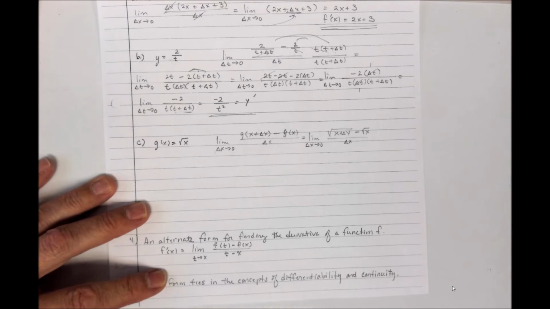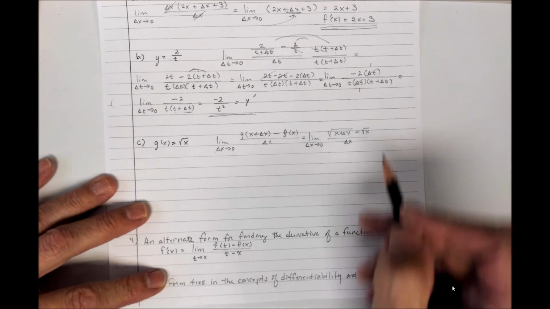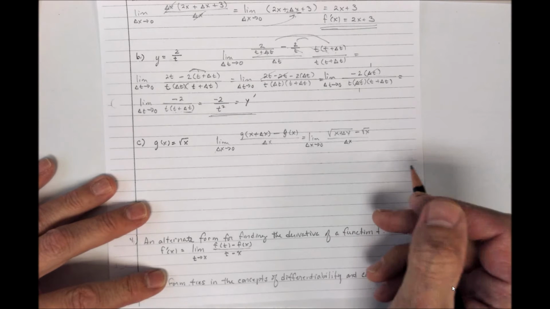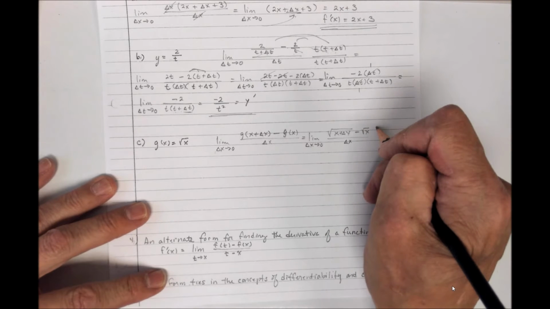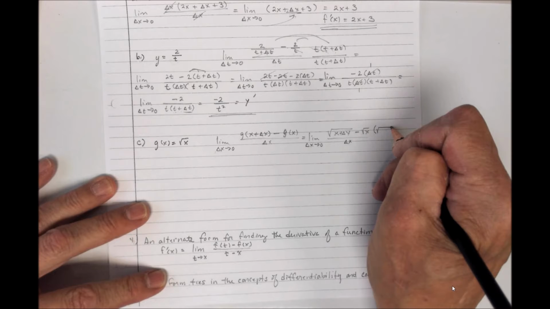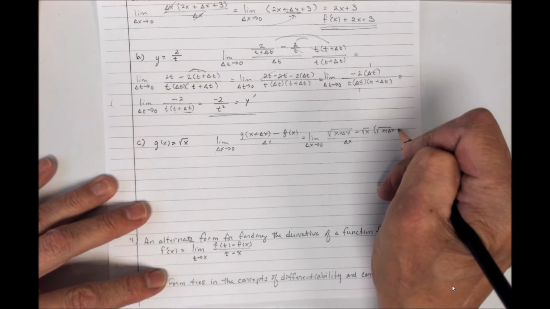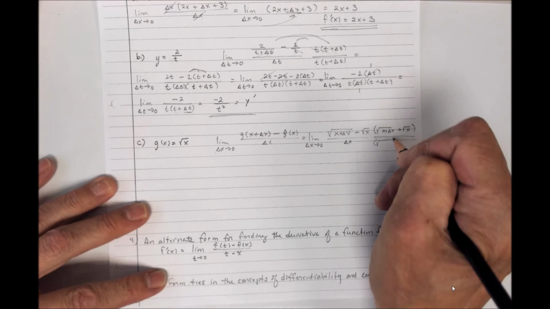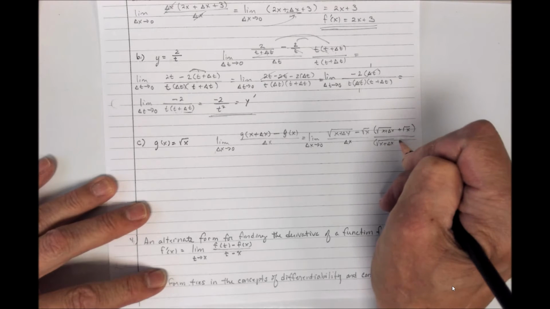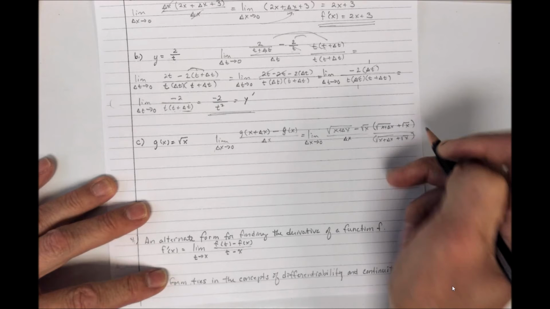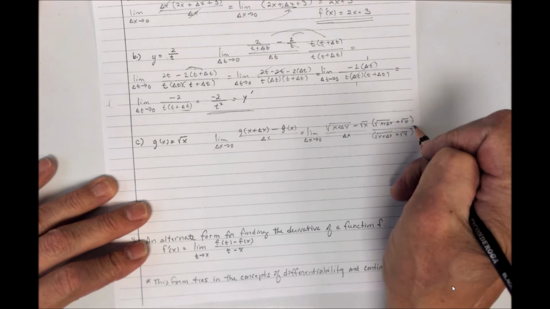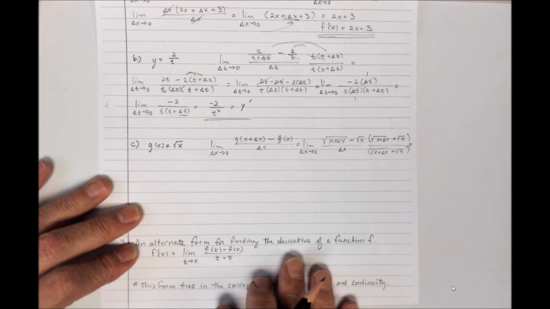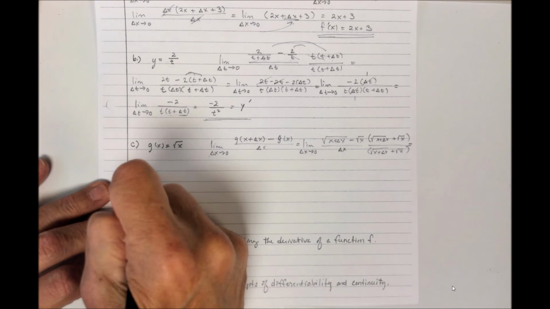Well, we did one a little bit like this in the previous chapter when we were trying to evaluate a limit. I'm going to multiply top and bottom by the conjugate, because if I use direct substitution, I get 0 over 0. So top and bottom by the conjugate, which would be the square root of x plus delta x plus the square root of x. What a mess this is going to be.